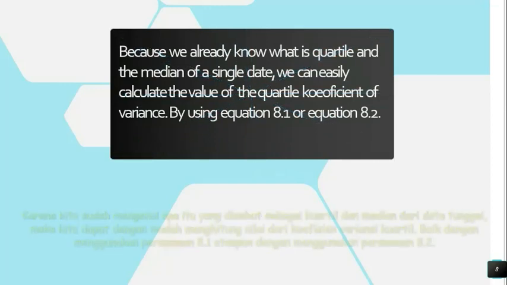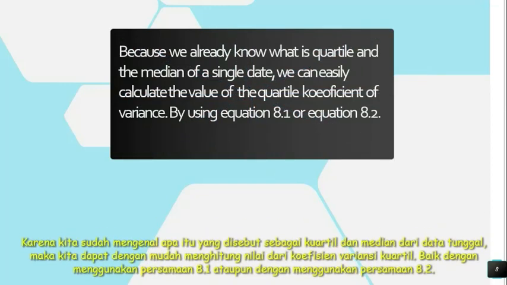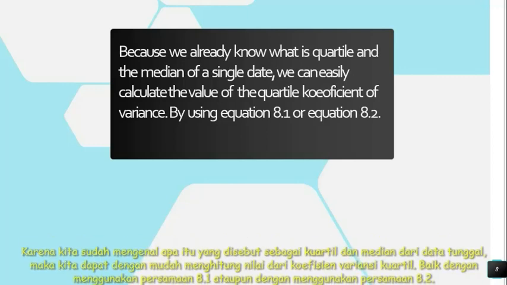Okay, friends, because we already know what the quartile and the median of a single data are, we can easily calculate the value of the quartile coefficient of variance by using equation 8.1 or equation 8.2.